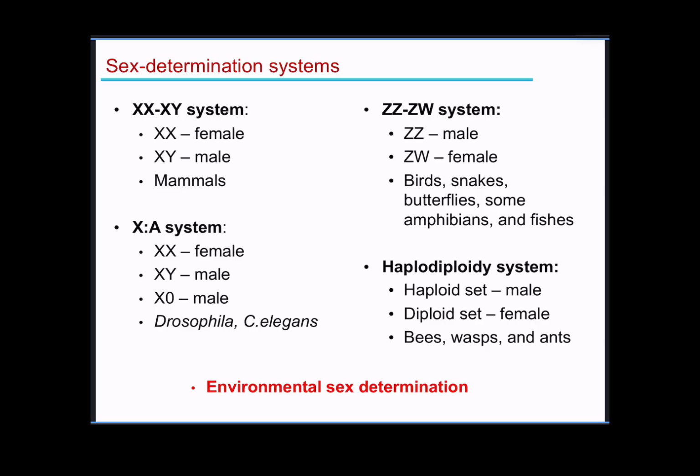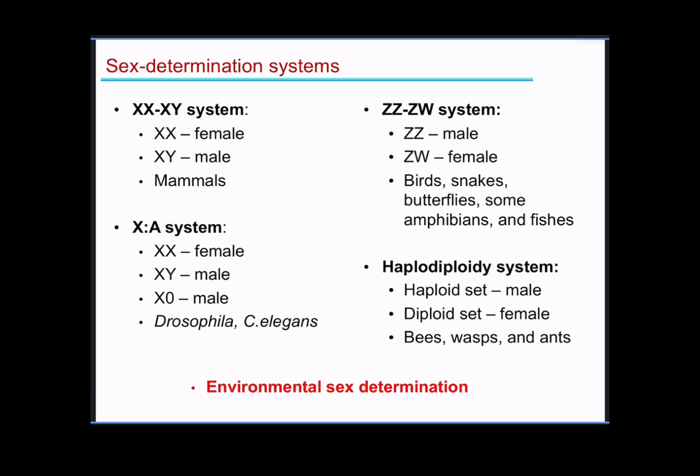I said before that there are different sex determination systems in different organisms. This slide is about animals because in plants there are mostly hermaphrodites, though there are some plants that have male and female individuals. But this slide is about sex determination systems in animals.